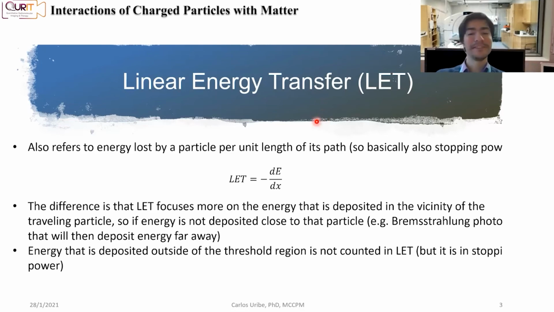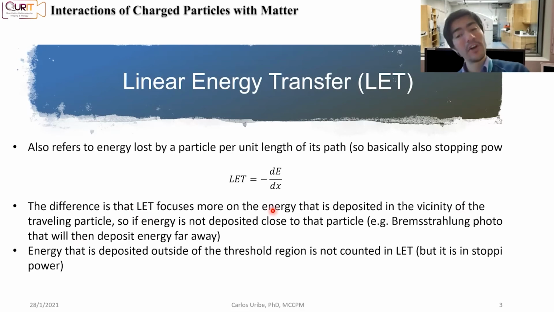So for example, if you have Bremsstrahlung photons coming out from that particle track, we know that these photons are going to go far away, and then maybe they'll end up causing some ionizations further away, and those ionizations are going to be depositing some energy. But that energy was deposited very far from the track of this initial particle. So the energy of those Bremsstrahlung photons is not going to be accounted for in the LET.